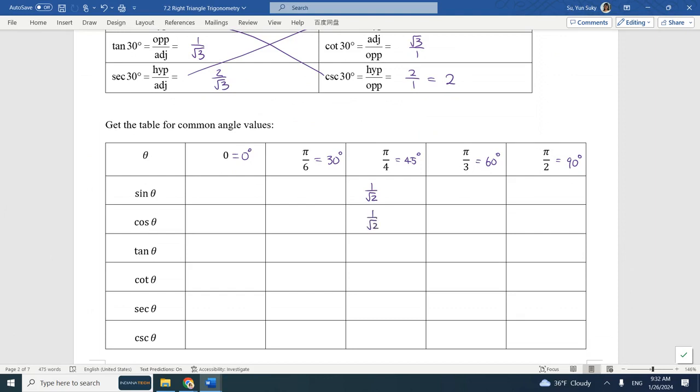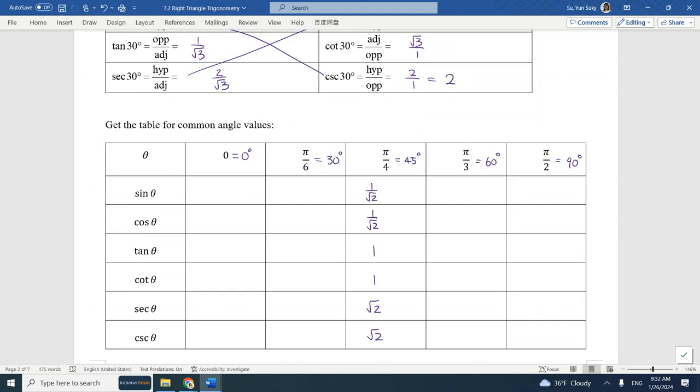Tangent 45 degree is 1. Cotangent, 1. Secant, square root of 2. Cosecant, square root of 2. Yes, everybody? Just copy down the numbers here.